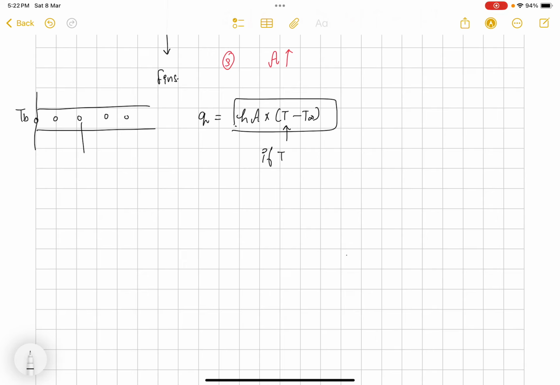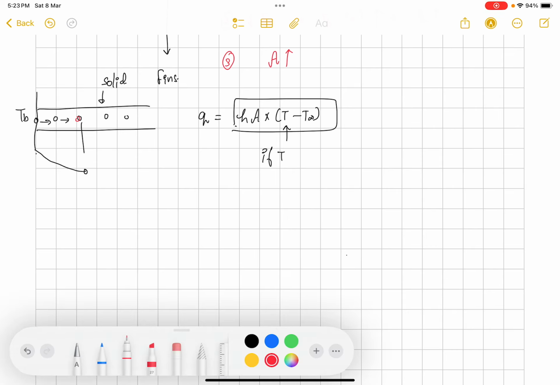But because we are adding solid material, it will offer some conductive resistance to the heat flowing along this path, so a temperature drop will be there. And as the temperature drop will be there, this location will not have the same temperature as that of the base, so it will perceive a lower temperature because of the conductive resistance offered by this material.